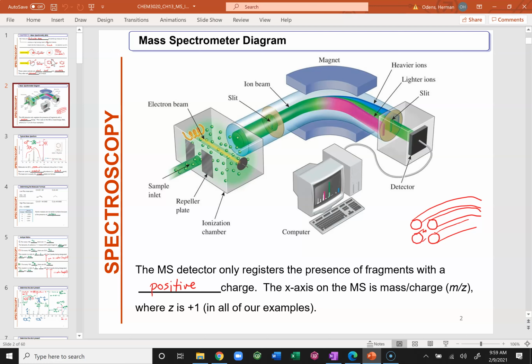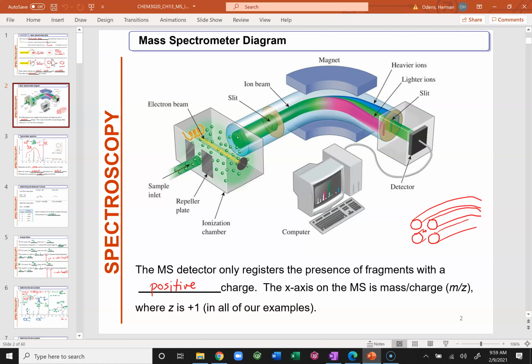Basically, let me go through the ten cents application of the mass spec. You inject your sample. It goes into an electron beam chamber. That's where the collisions start. Then you have a slit here where only those molecules that have been hit will go through.